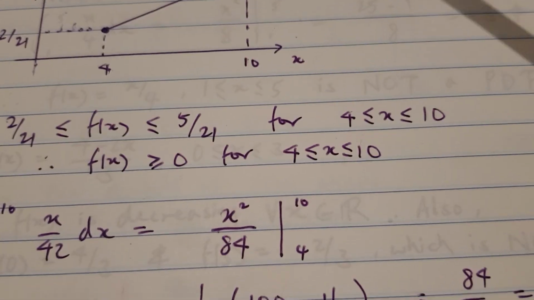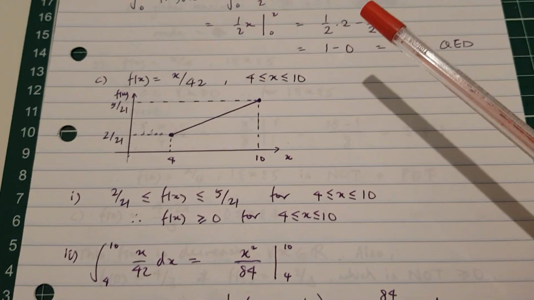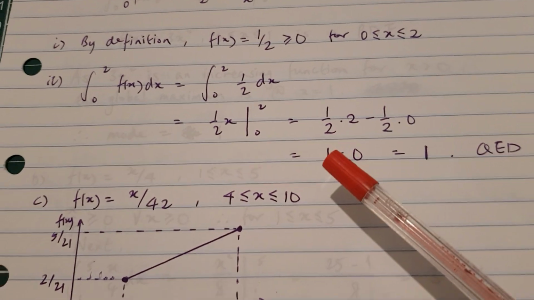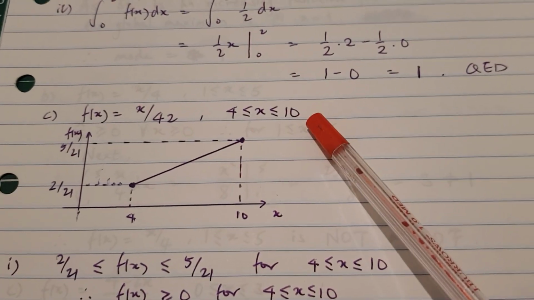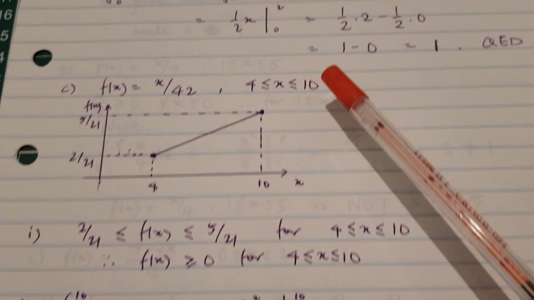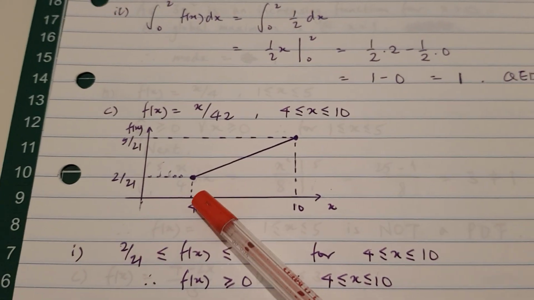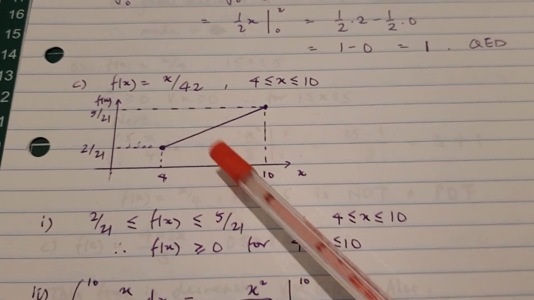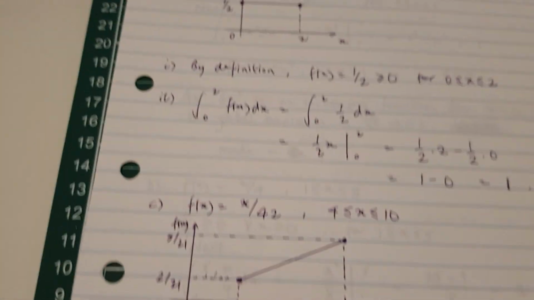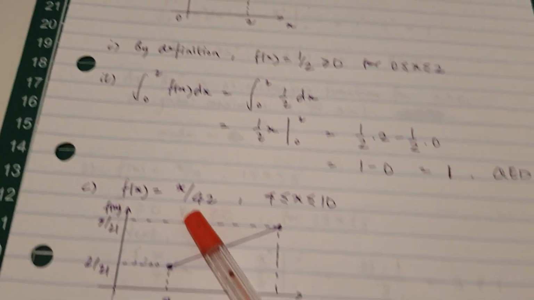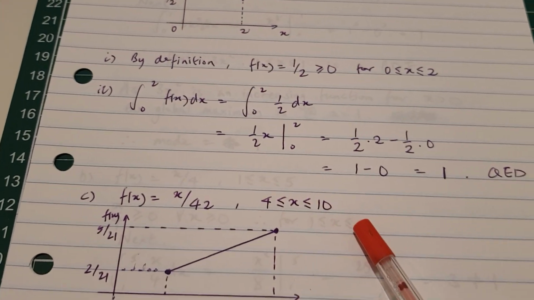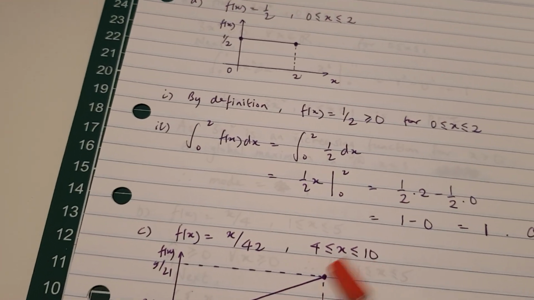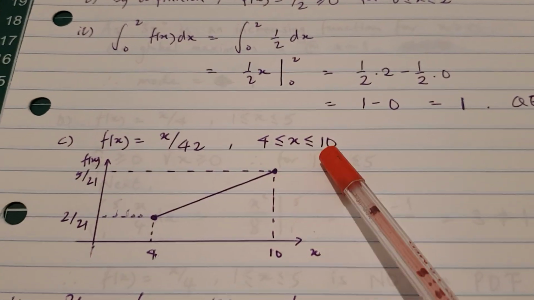Moving on to C, notice I'm skipping B because it's very similar to the one that I had. C, different function given there with a different domain. Now, it's always helpful if you can draw a little diagram that illustrates this. So here, this is a linear function going through the origin, but between x equals 4 and 10, the domain starts at 4, finishes at 10.